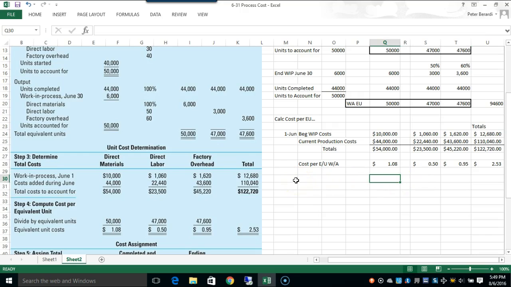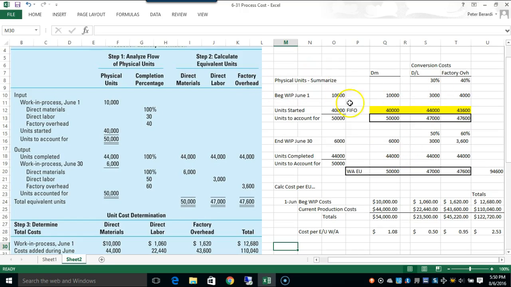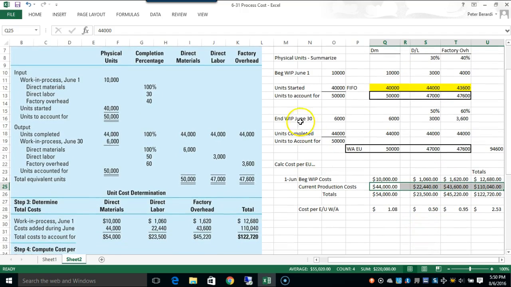Next, allocate costs to ending WIP and units completed. Because we know our costs for the top half of our schedule. We know our beginning costs, beginning WIP costs, and we know our current production costs. So these costs here represent the top half of our matrix. Now we have to figure out our ending WIP and our units completed.